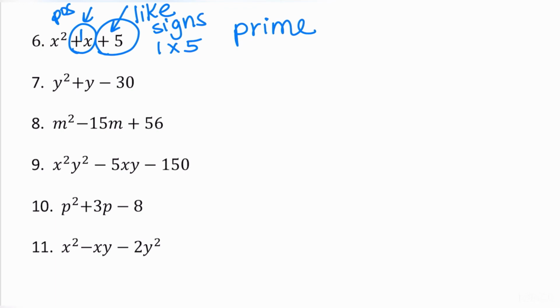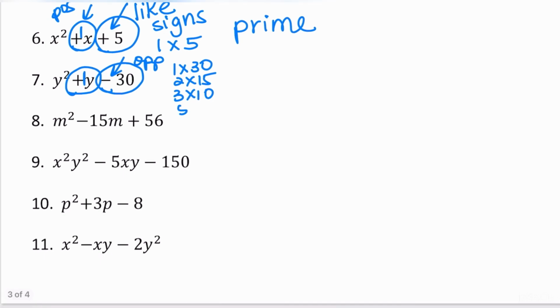In number 7, it has to multiply to give me negative 30, and it has to add to give me a positive 1. I told you that because the back one is negative, we're going to have opposite signs. What multiplies to give me 30? 1 times 30, 2 times 15, 3 times 10. 30 is not divisible by 4. 5 times 6.